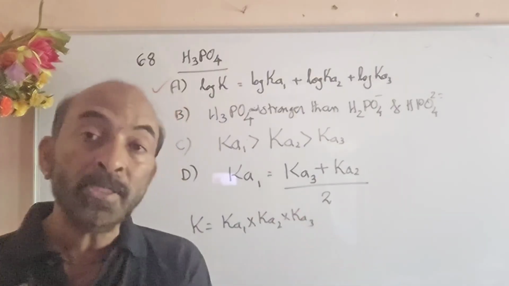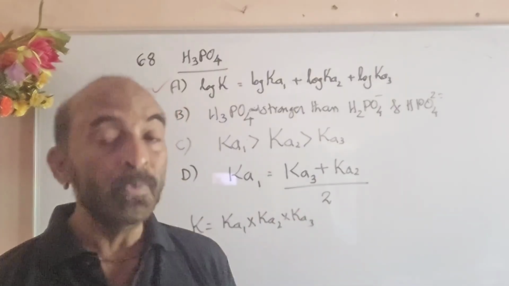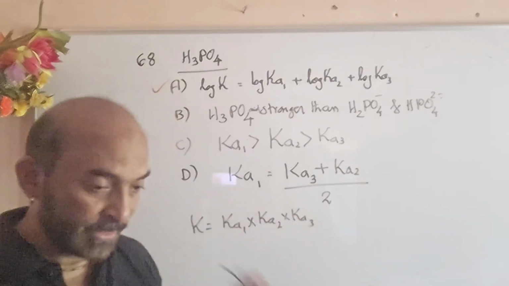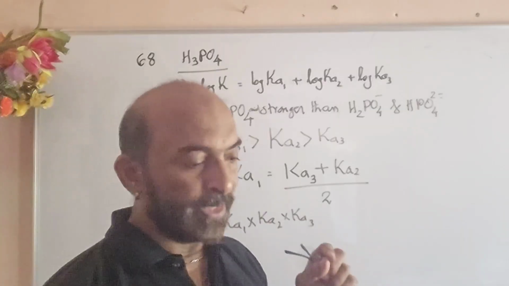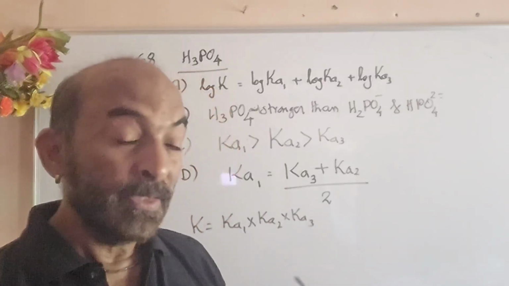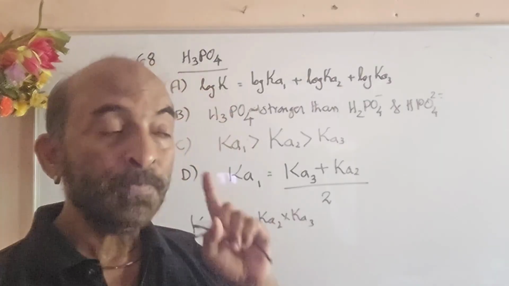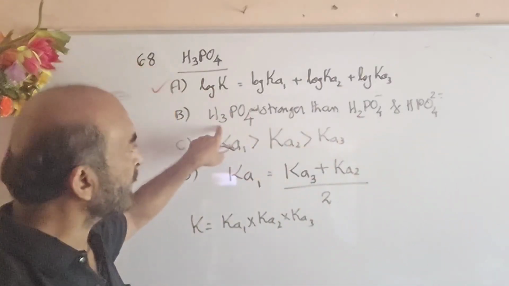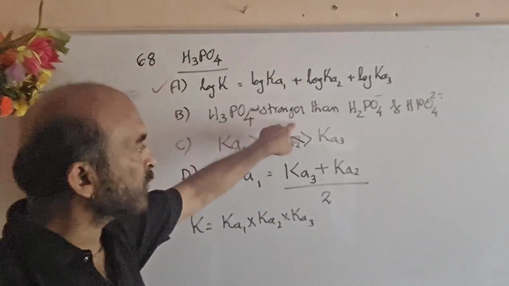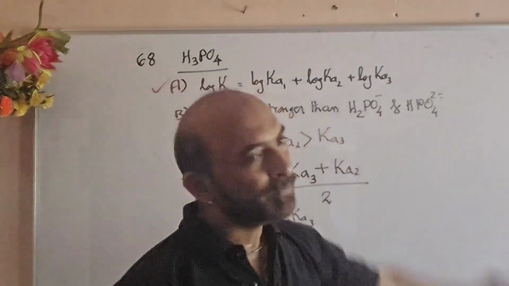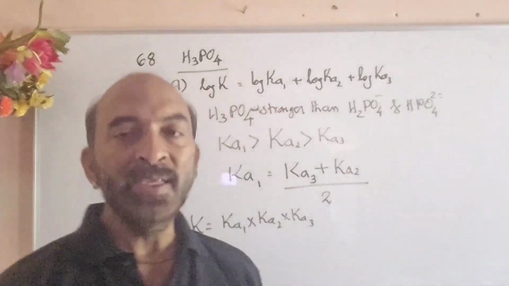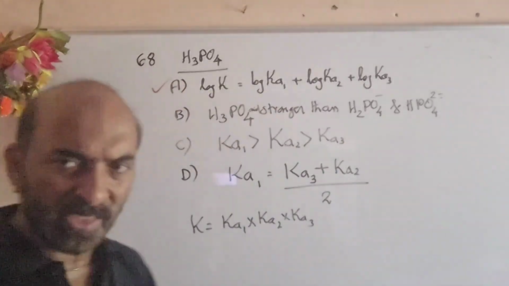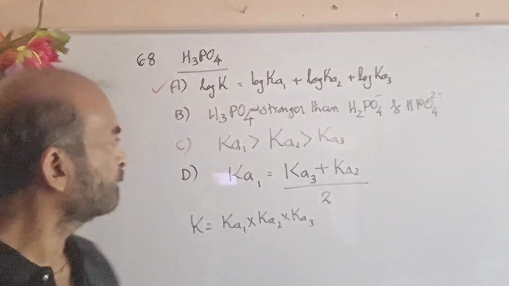From that, H plus has to move away. That is still more difficult now. The first stage ionization is the easiest, second is more difficult, third is still more difficult. Correspondingly, the acid strength will decrease. So this statement is very much correct. H3PO4 acid is stronger than H2PO4 minus and HPO4 2 minus. An easy guess there. You see, it is not a guess. We are sure about that.